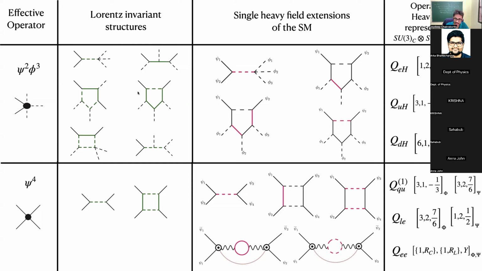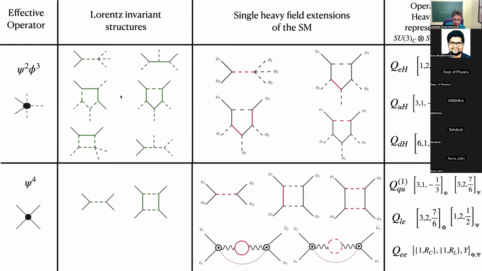If you restrict yourself to the minimal extension, then not all of the diagrams will be generated. Yes, but you can go to a non-minimal version where you may generate that diagram actually. But in a minimal way, you will get a subset of these diagrams.